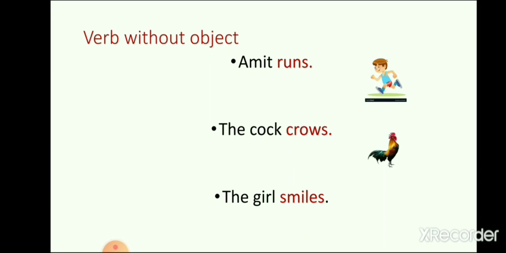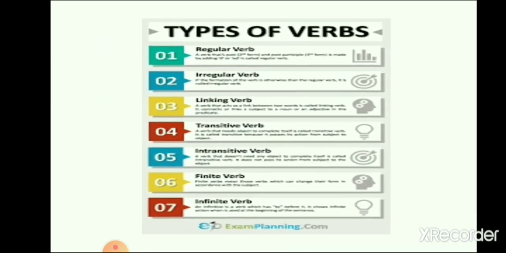The cock is the subject, crows is the verb. There is no object, but the sentence is meaningful. The girl smiles. The girl is the subject, smiles is the verb. There is no object, but the sentence gives you the meaning. So a sentence can be with subject, verb, object, or otherwise with subject and verb to give a complete meaning. That is what we are going to see in this chapter.